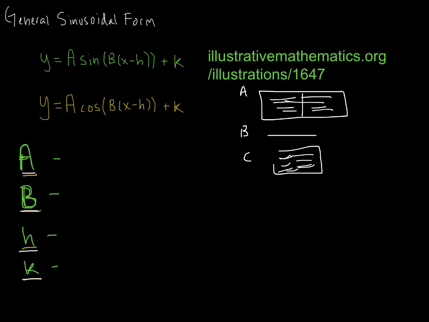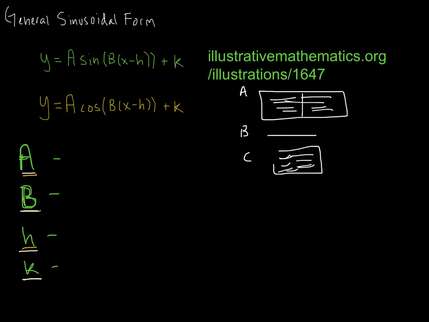When you've completed that, which should only take maybe 5 minutes or so, for a, b, h, and k, you're going to want to try and say what changing this value will do to your graph.